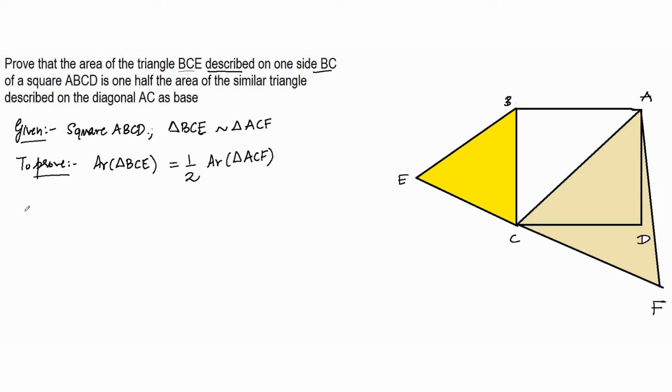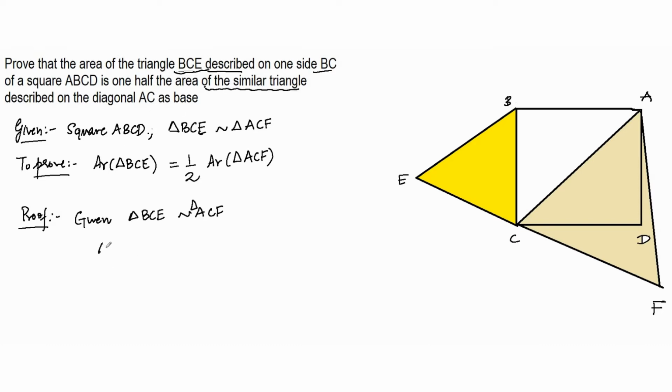Now let us write the proof. We know that it's given that triangle BCE is similar to triangle ACF. So how do I know this? Because it is written here that triangle BCE is described on the side BC and it is similar to the triangle ACF, right?